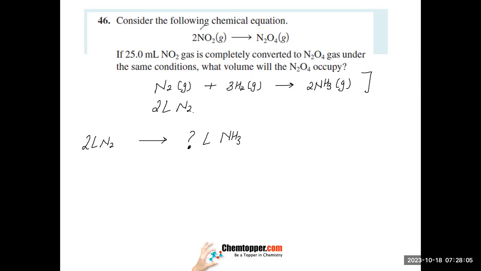As I said earlier, you can read the equation in terms of volume. 2 volume, 1 volume, like this. So can you read the equation in terms of volume? This coefficient is 1 liter of N2 reacting with 3 liters, this 3 of H2, giving you 2 liters of ammonia.